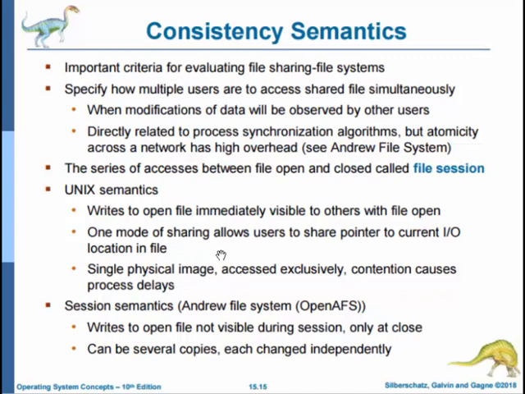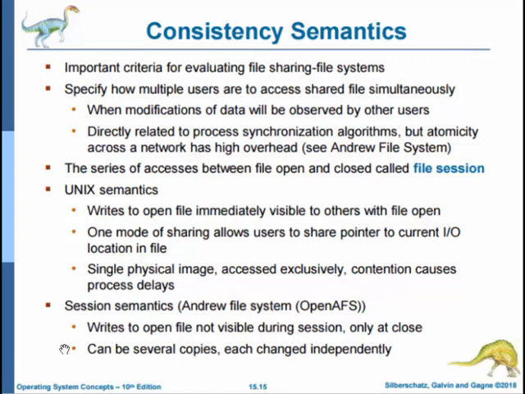Now, one mode of sharing allows the users to share the pointer of current location into the file. Thus, advancing of the pointer by one user affects all sharing users. Here, a file has a single image that interleaves all accesses regardless of their origins.